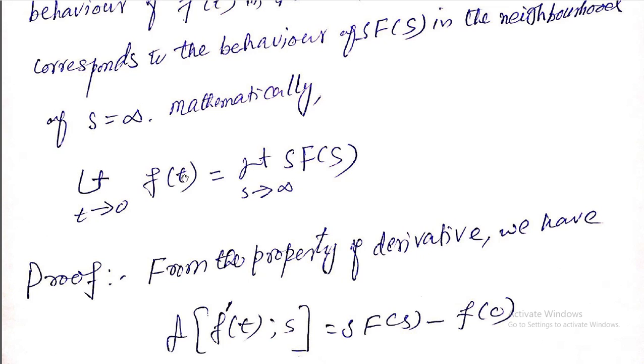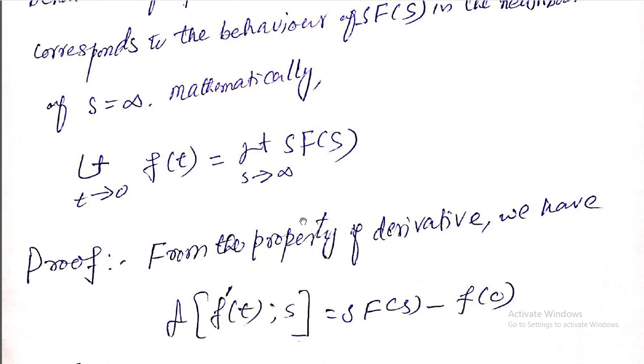So the function f of t at t equal to 0 will have the same response as when we transform it into the s plane and then let s tend to infinity. So we have the proof of this theorem.